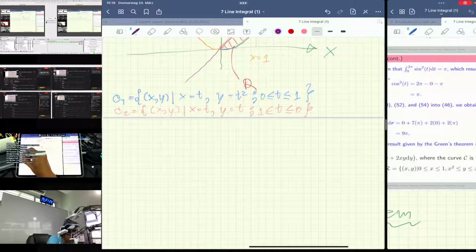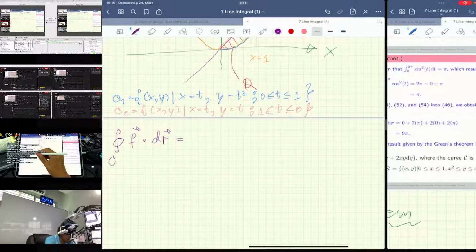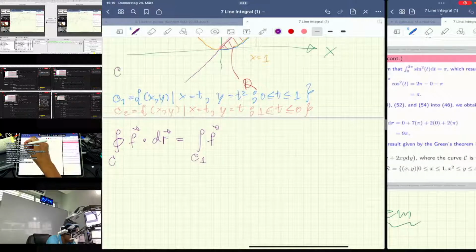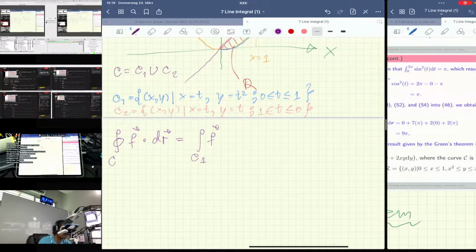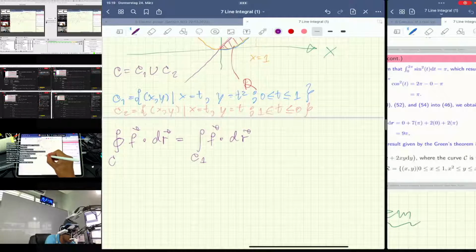Integration in the closed contour for the curve C of the vector f dot dr will be the integration of the function along the curve contour C, because C will be C1 union C2. So the integral over C1 of f dot dr plus the integral over C2 of f dot dr.